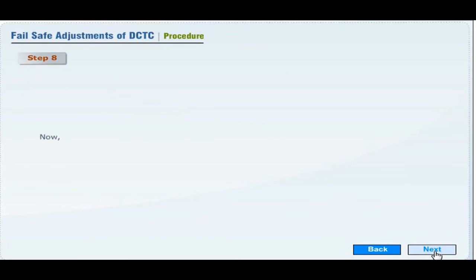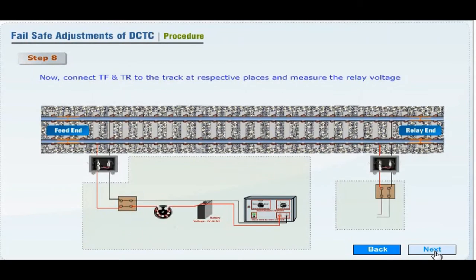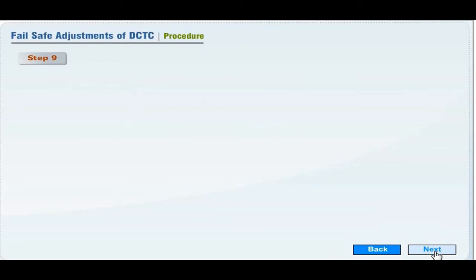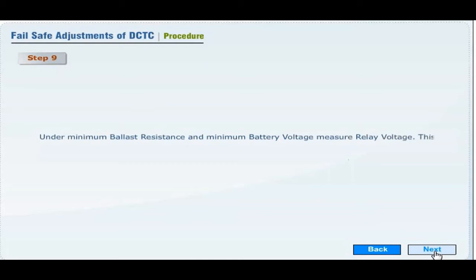Step 8. Now, connect track feed and track relay to the track at respective places and measure the relay voltage. Step 9. Under minimum ballast resistance and minimum battery voltage, measure relay voltage.